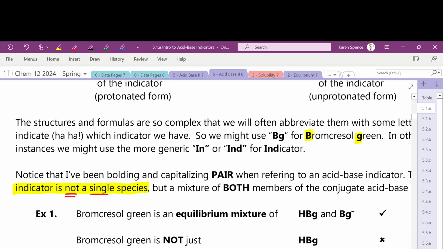It is a mixture of both members of the conjugate acid-base pair. So brom-cresol green is actually an equilibrium mixture of HBG and BG minus. Brom-cresol green is not just HBG.